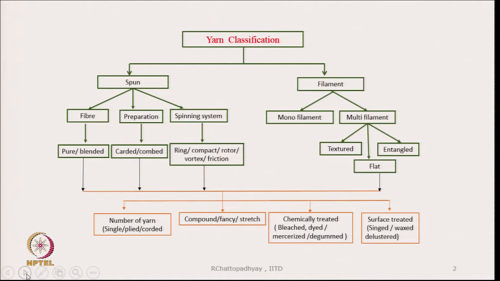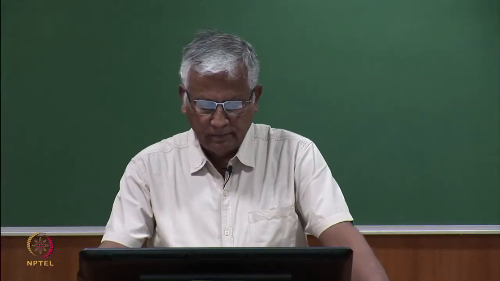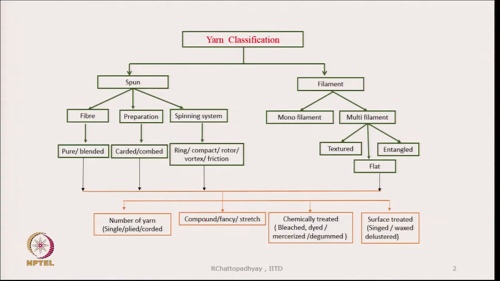Then not only that, we can further produce different types of combinations also, like we can produce compound yarns, where two different types of yarns can be combined together. Then we can have a single yarn, or we can have plied yarn also.